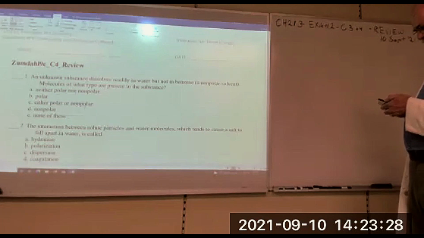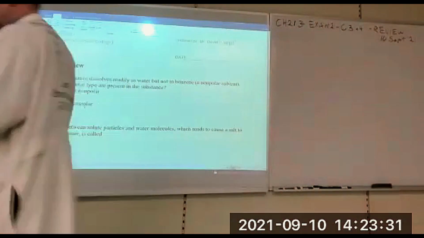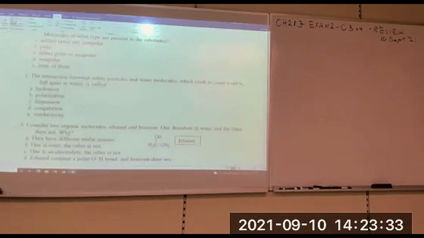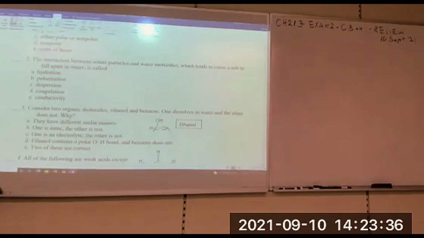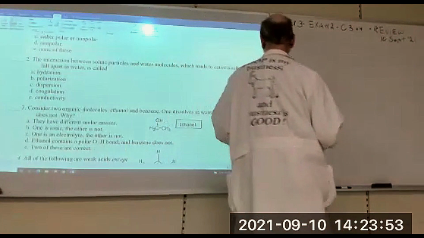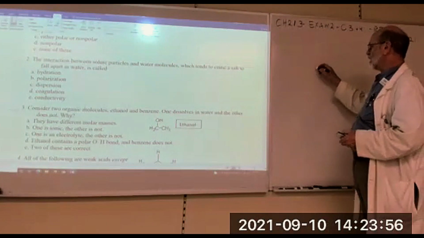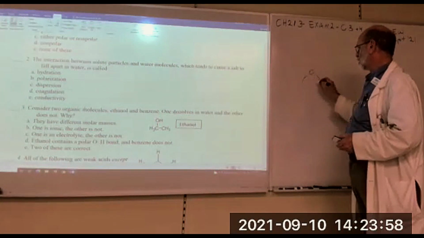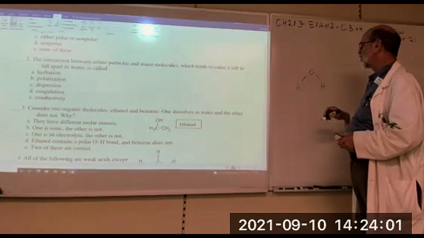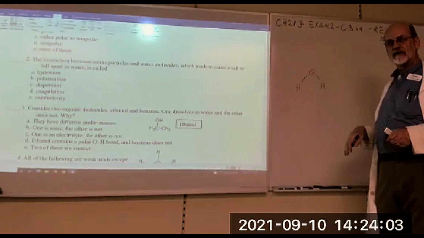All right, by definition, I'm going to scroll. Here we go. The interaction between solute particles and water molecules, which tends to cause the salt to fall apart in water. So what's the process called? It's called hydration. So you're actually forming bonds between the water molecules and the ions. And say, for instance, if you had water molecules and sodium ions, where would the sodium be attracted to?